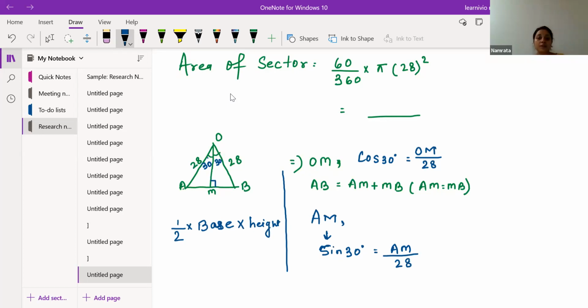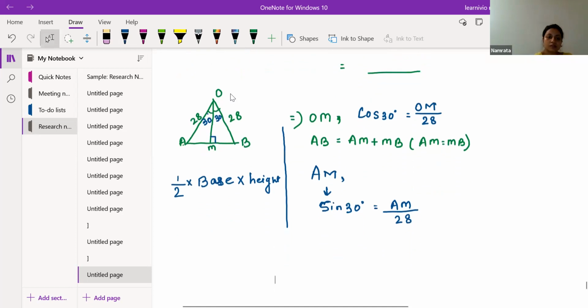What is the value of cos 30? Please tell me.